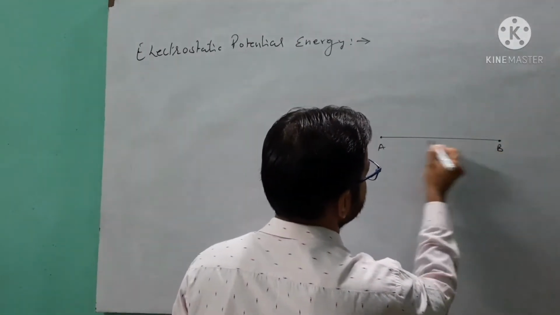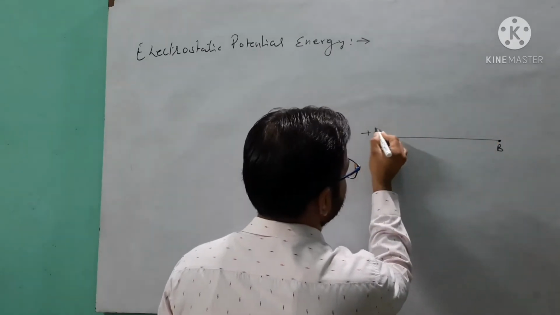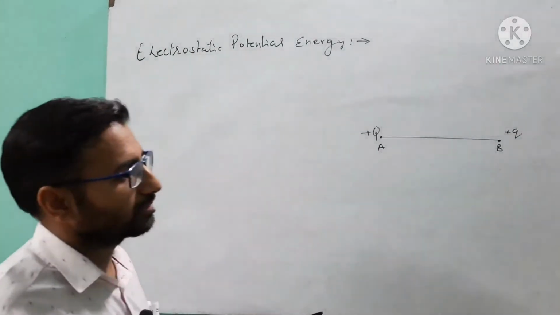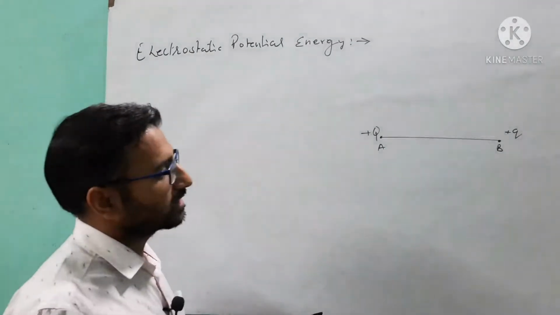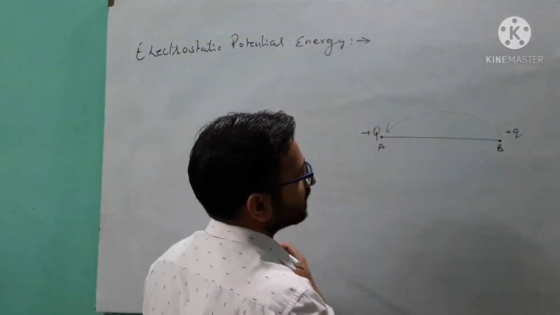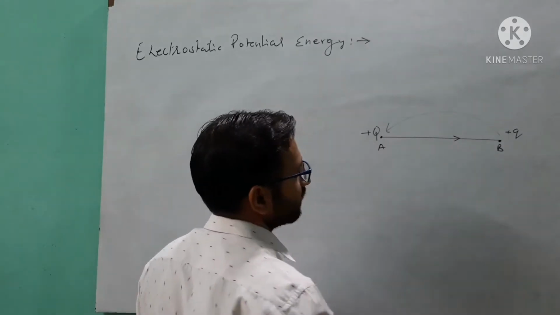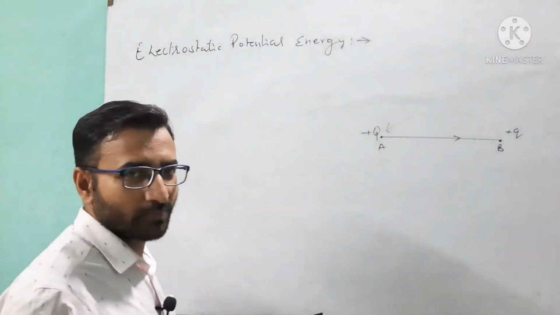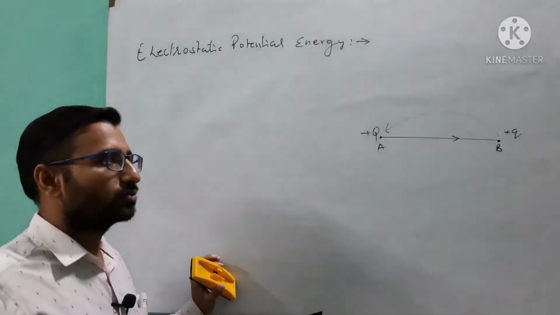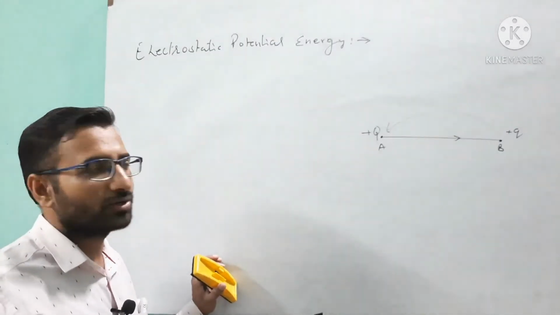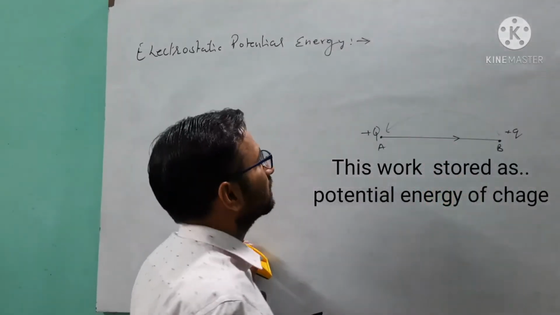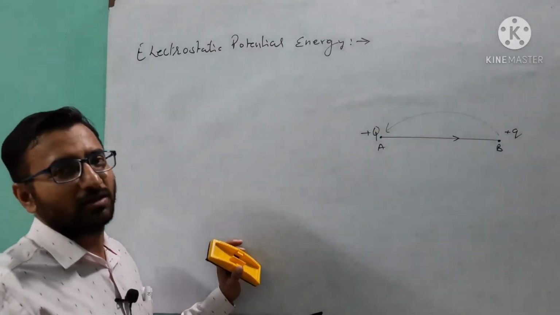Suppose we have 2 points A and B, and at point A a charge plus Q is placed, and at point B a small plus q charge is placed, and we want to carry this charge from point A to point B, and both points are in the effect of the electric field of each other. If we are carrying the charge plus q from point B to point A, then we need to do some work against the electric field, or you can say the electrostatic force. This work is stored as the electrostatic potential energy of the system.